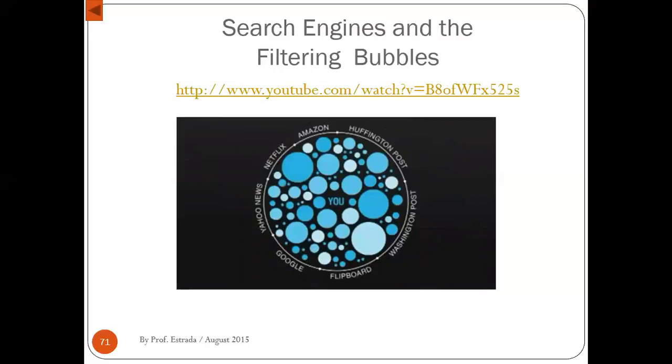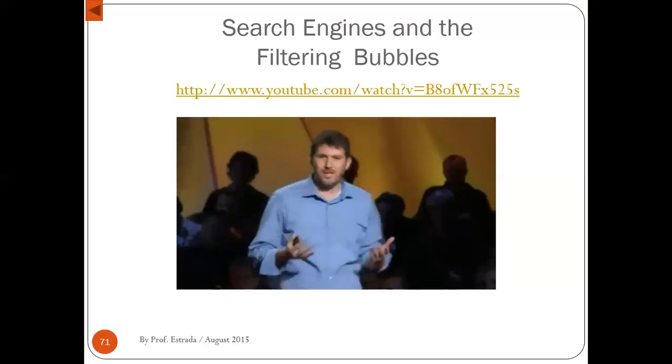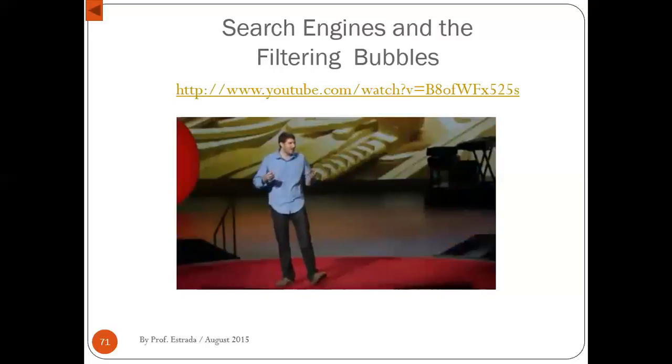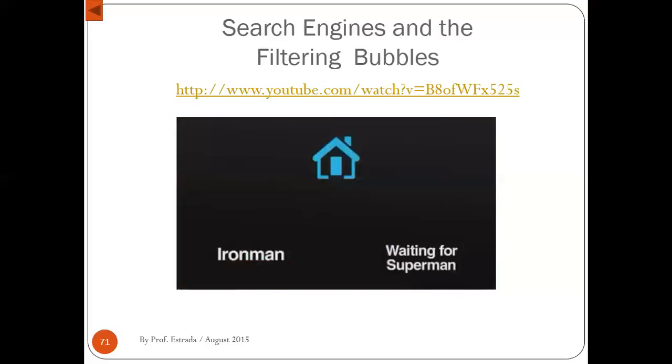So one of the problems with the filter bubble was discovered by some researchers at Netflix. They were looking at the Netflix queues, and they noticed something kind of funny that a lot of us probably have noticed, which is there's some movies that just sort of zip right up and out to our houses. They enter the queue, they just zip right out. So Iron Man zips right out, right? And Waiting for Superman can wait for a really long time.